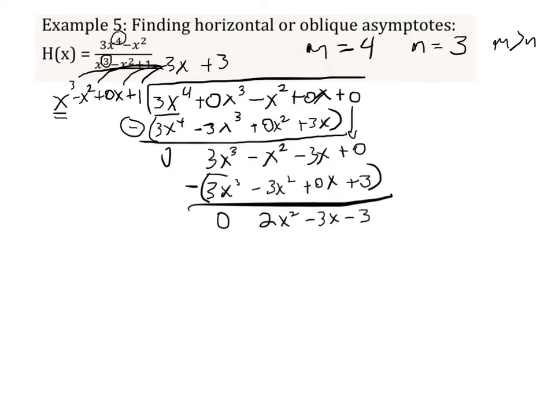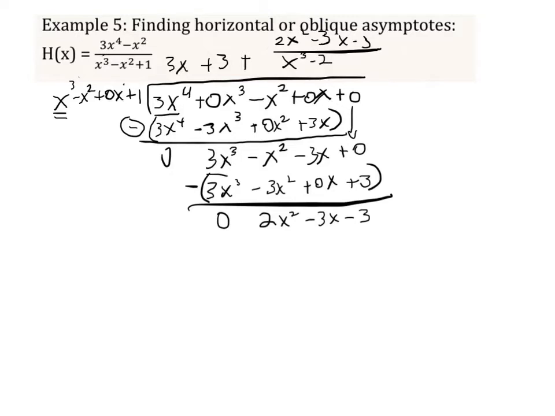Alright, so at this point, here's where some of the weird stuff starts to happen. I'm going to erase, get a little room up here, and I'm going to write my full answer. So, my answer is 3x plus 3 plus 2x squared minus 3x minus 3 all over x cubed minus 2x squared plus 1.